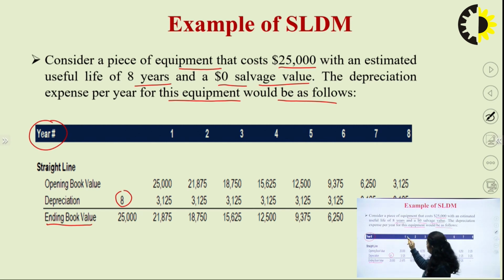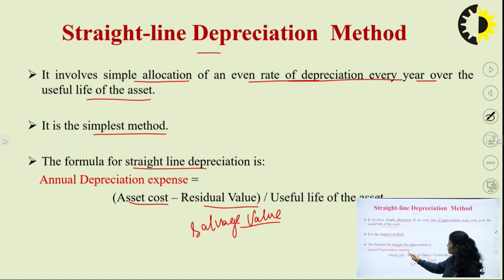So, at the beginning of the first year, the value of our equipment, or we can say the opening book value, will be 25,000. Now, what will be the depreciation? How can we calculate the depreciation? We have discussed the formula: the annual depreciation will be fixed asset cost minus salvage value divided by useful life of the asset.